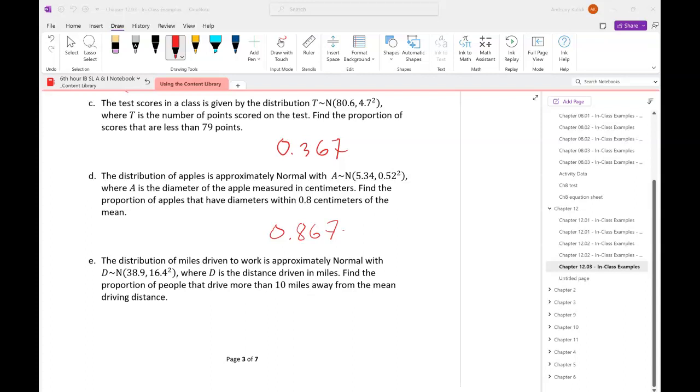How do we do? Based on your giggles, I'm guessing not great. Okay, so read this last sentence for me. Within 0.8 centimeters of the mean. So what's the lower bound have to be? Mean minus 0.8. What's the upper bound have to be?